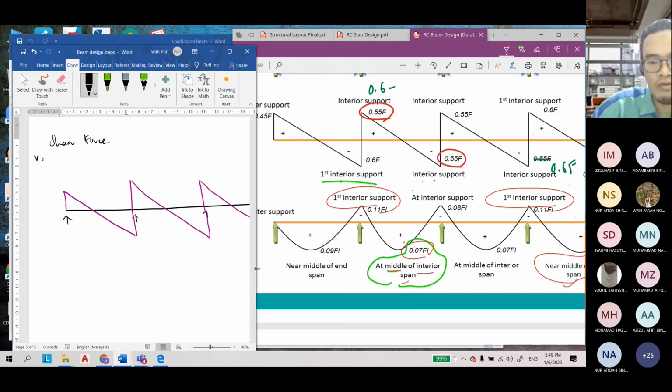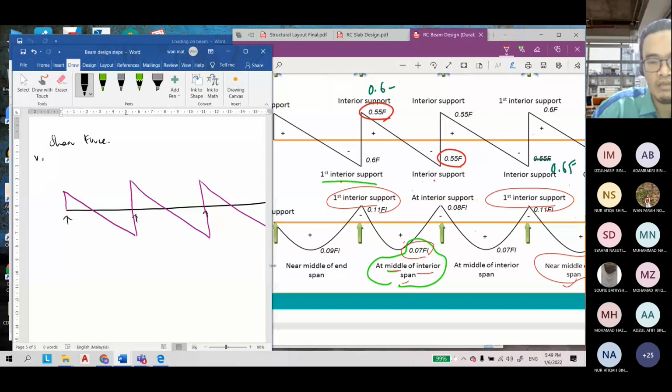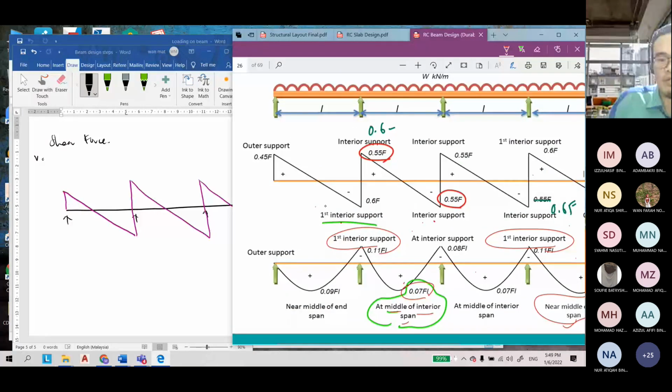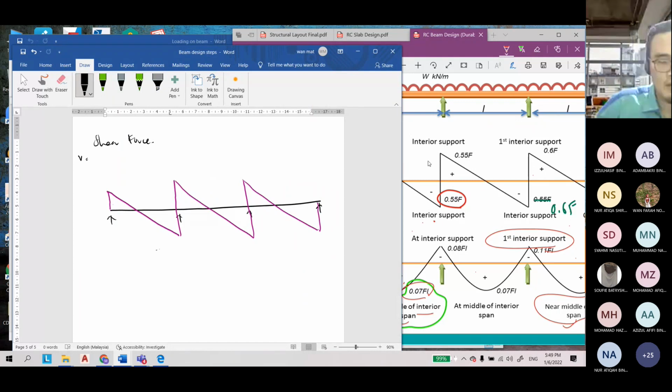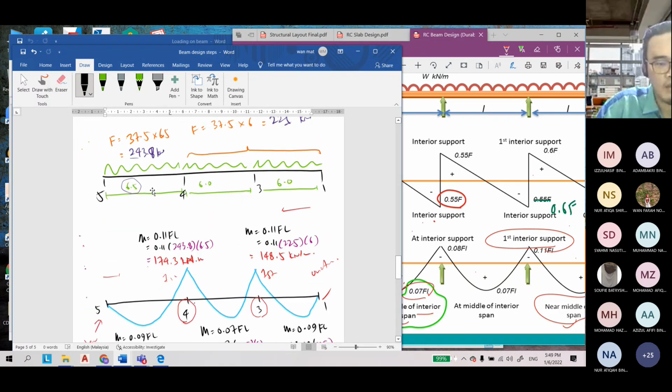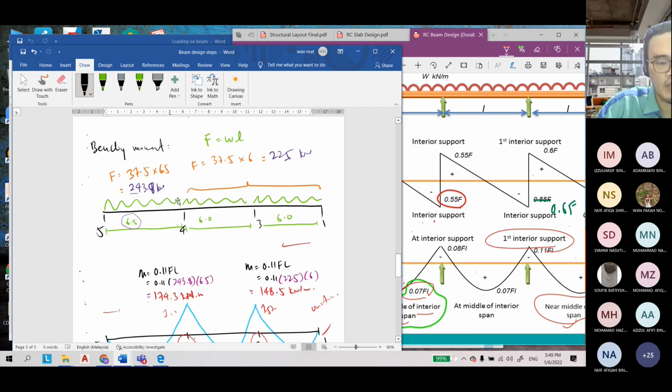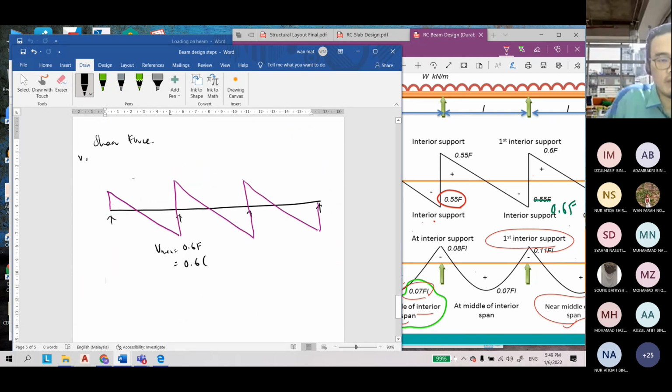Actually, you just want the maximum one, so you just check for the maximum. The maximum is 0.6 F. So V max is equal to 0.6 F, equal to 0.6 times F. For F you select the maximum one, which for this span is 243.8.